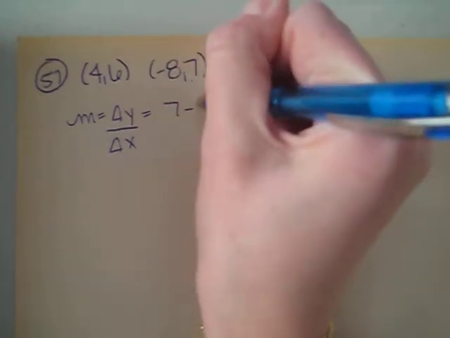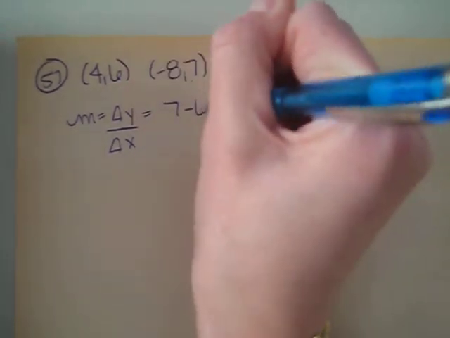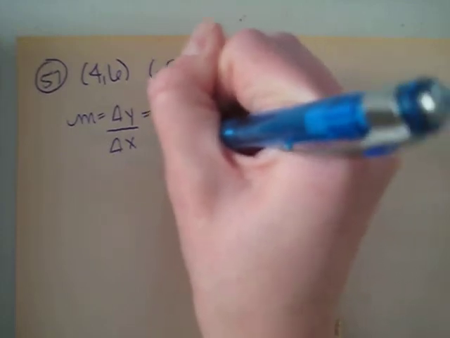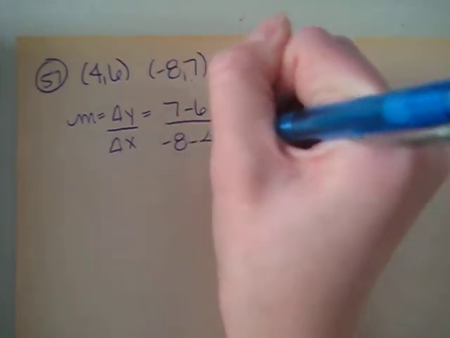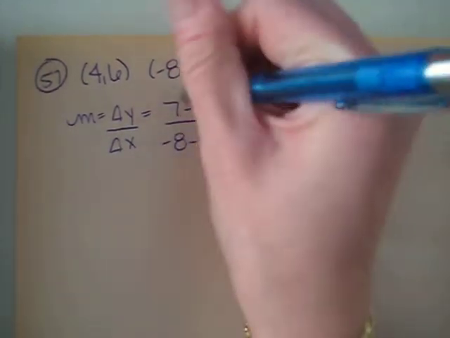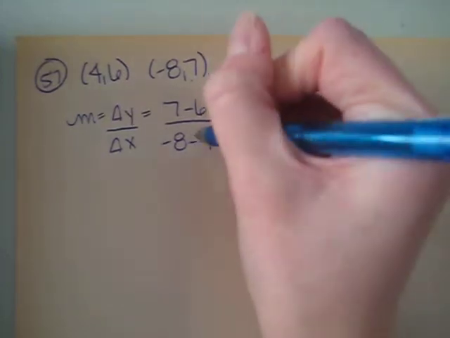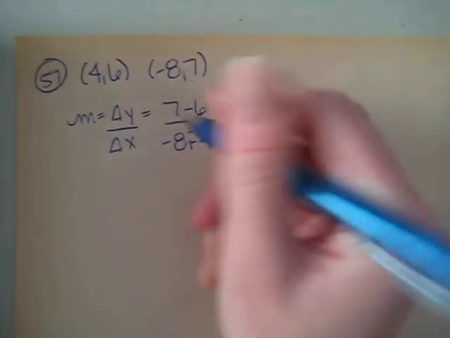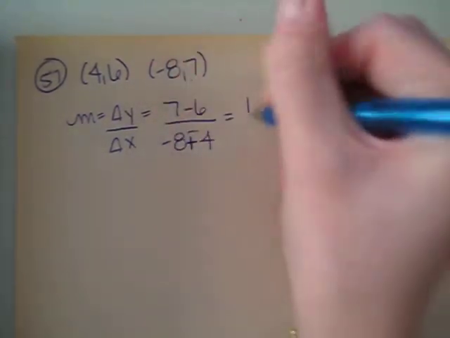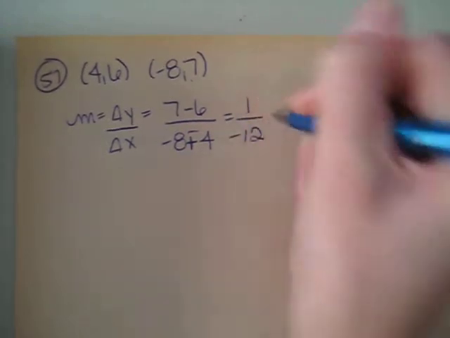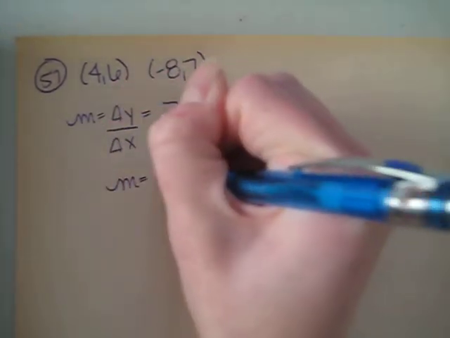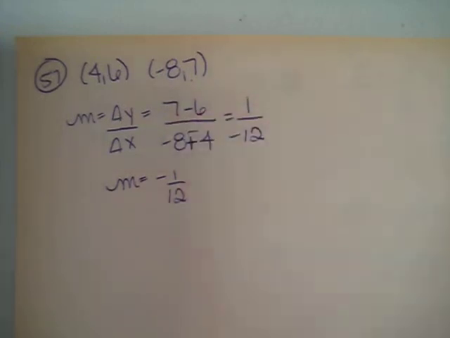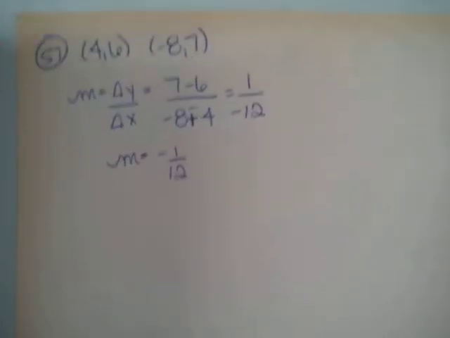Change in y, 7 minus 6. Change in x, -8 minus 4. 7 minus 6 is 1. Keep change, I get -8 plus -4. That is -12. So my slope here is -1/12. Okay, it doesn't matter what the slope is. All that matters is if it's parallel, perpendicular, or neither.